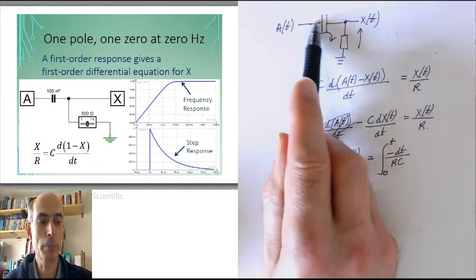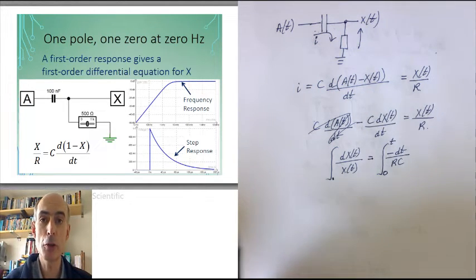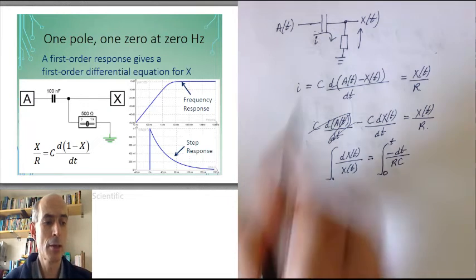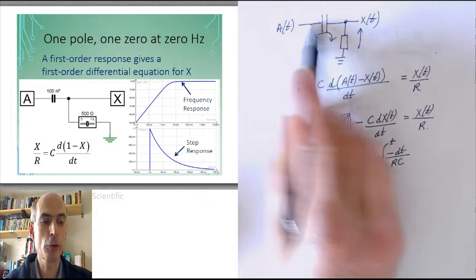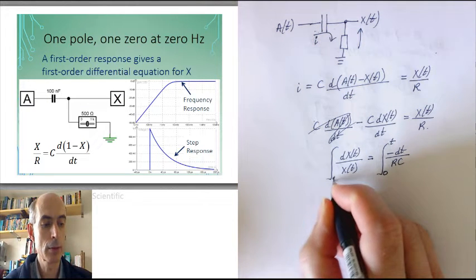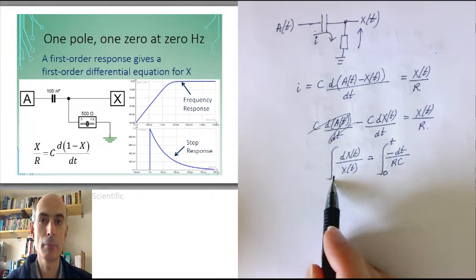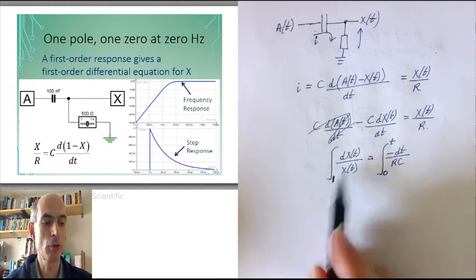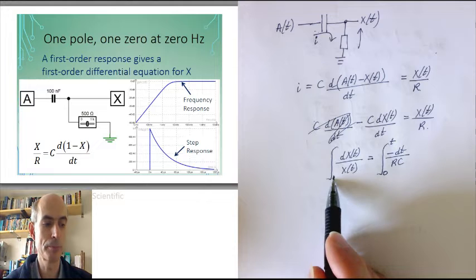The voltage across the capacitor was 0, so it must still be 0 just after the step has arrived. The input has just jumped up to 1 volt, which means the output must have just jumped up to 1 volt as well. So that is a 1, the value of the output when time t equals 0.